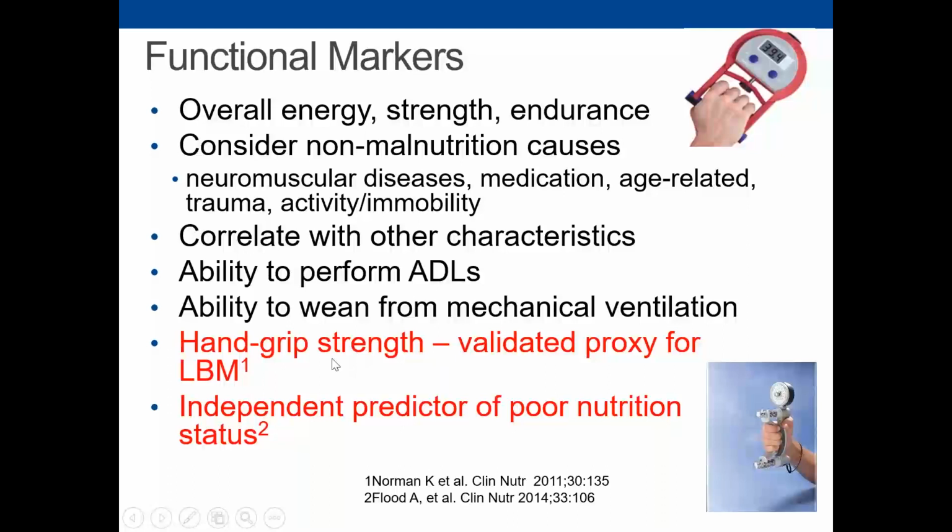But at this point in time, a reduced hand grip strength measurement compared to normal values for that device would then be one criteria that would be met. It has been associated with being an independent predictor of poor nutrition status. These are 2 various devices that are available on the market.